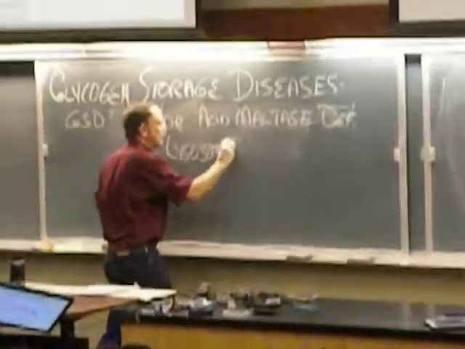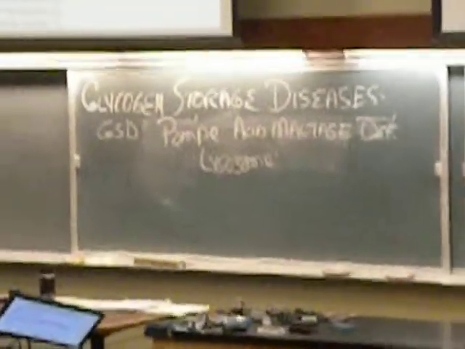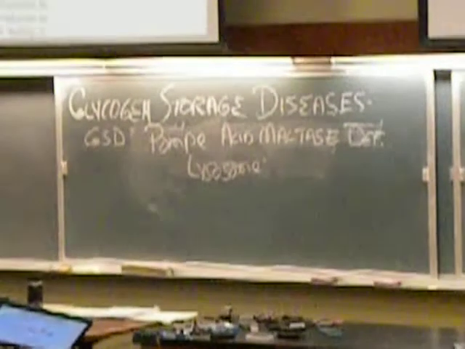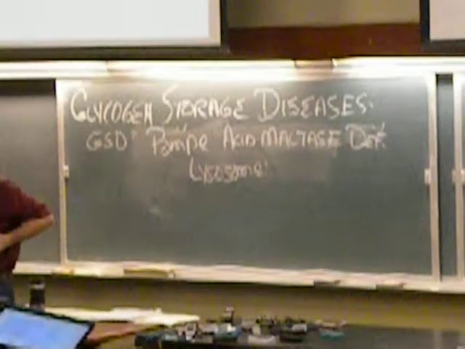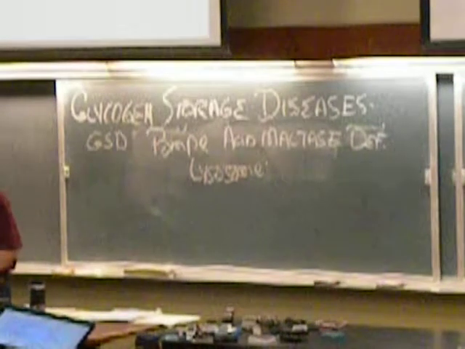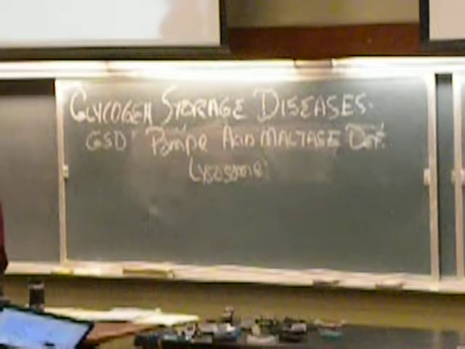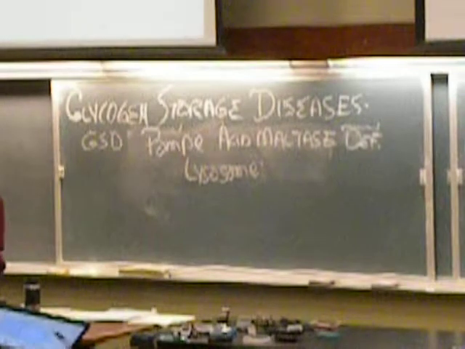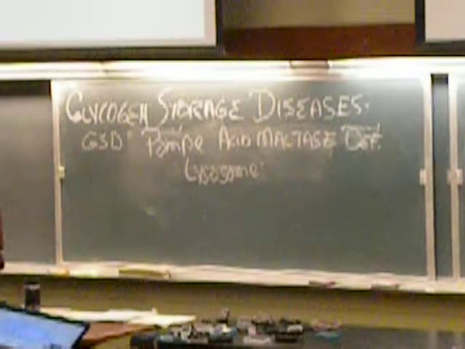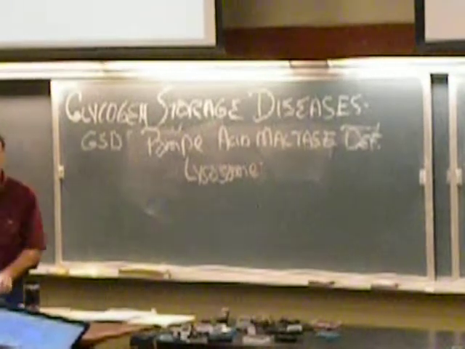And we really haven't talked about the lysosome in terms of glycogen metabolism. We know the process of glycogen metabolism, so we're going to use the phosphorylase to break down the glycogen to glucose 1-phosphate. Some of the glycogen is not going to sit out here in the cytosol. Some of it's going to end up in the lysosome.